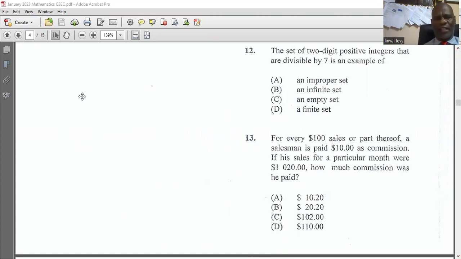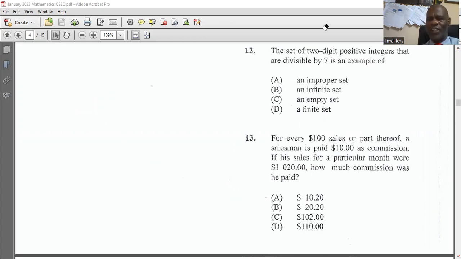So let's look at this. We have the set of two-digit positive integers that are divisible by 7. This is a lot of sets question. So the set of 2-digit positive integers.